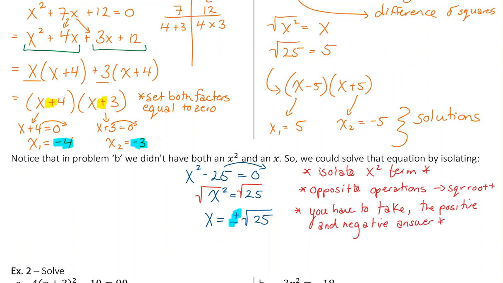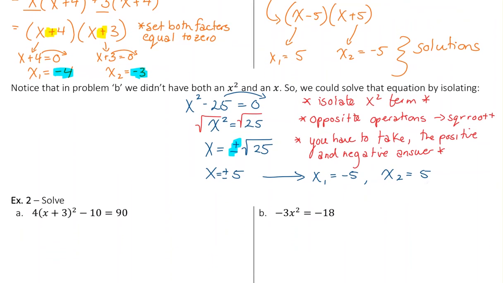So, well, what does that mean if you take the square root of 25? Well, you're going to have two values here. You're going to have both positive and negative 5. Therefore, x1 would equal negative 5 and x2 would equal positive 5. So you're always just going to have a positive and negative answer.